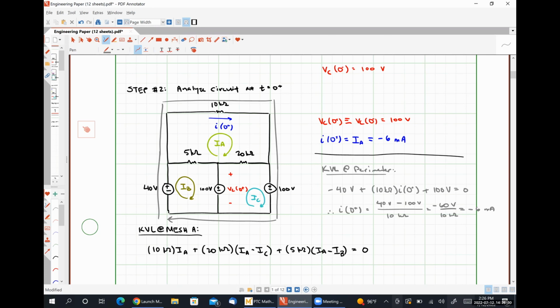All right, let's move along to t is equal to infinity.